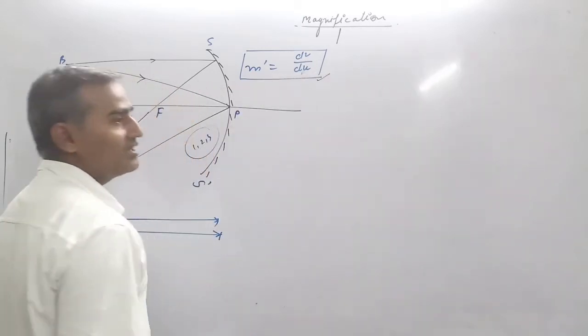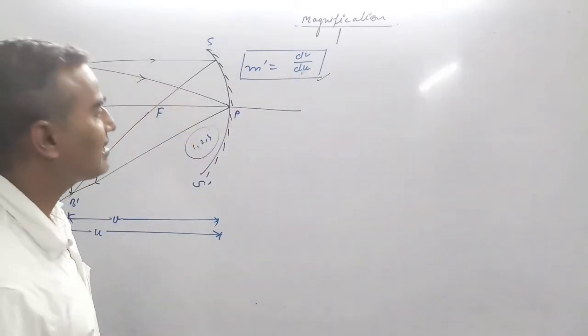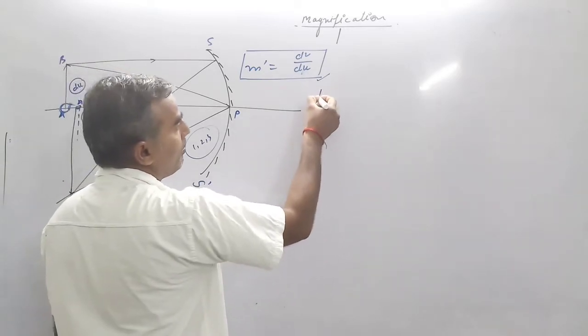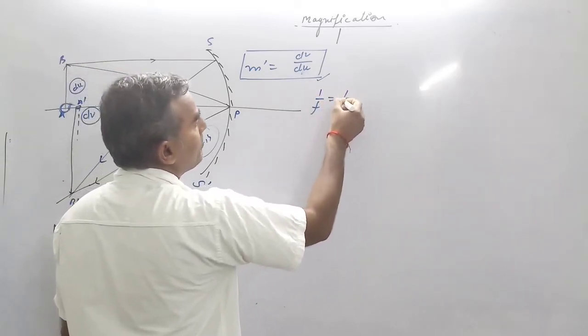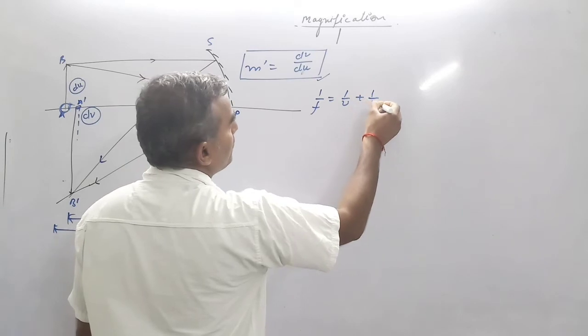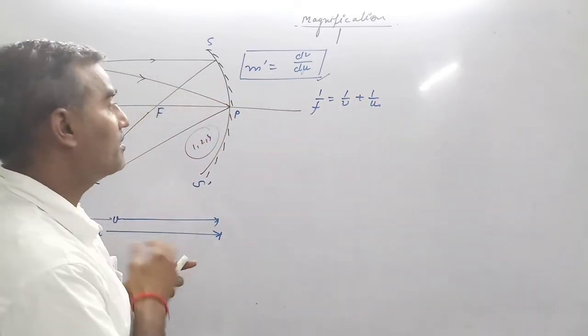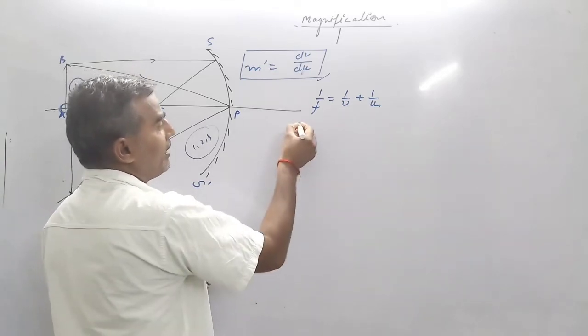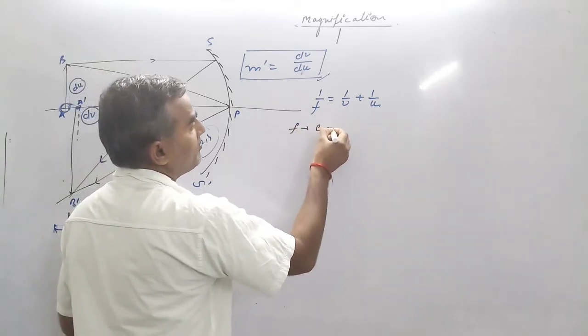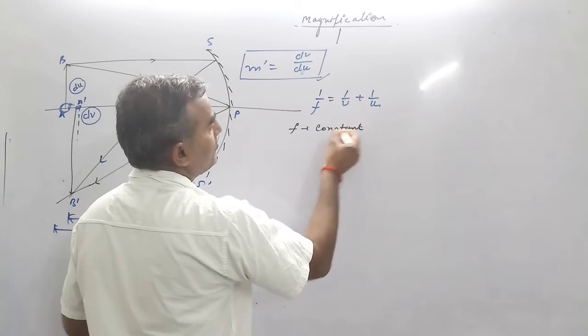How can we get it? Here we are going to use differential calculus. 1 upon f is equal to 1 upon v plus 1 upon u. This is the mirror formula and very popular. Here f is constant: if the medium is not changed, the focal length of the mirror will be constant.